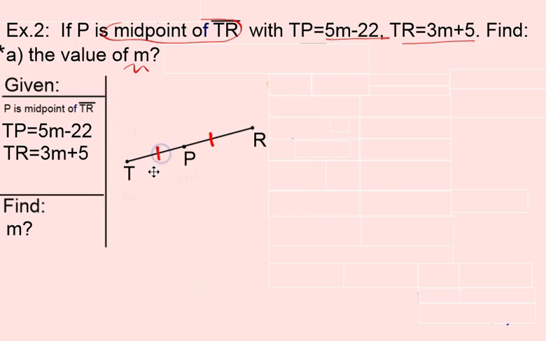So it is very important that we put these two hash marks to indicate that midpoint forms two congruent segments. Then we'll take the TP and mark it on the diagram. And then we'll take the TR, which in this case, notice, is the entire segment.